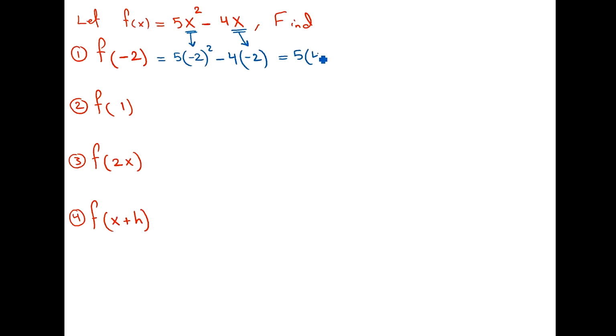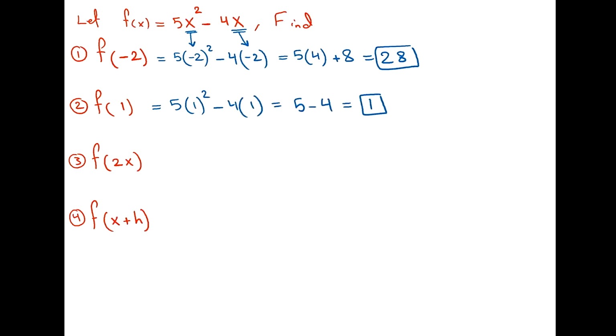So we have 20 plus 8, 28. This is the result, okay? The second, f(1): 5 times 1 squared, minus 4 times 1. So we have 5 minus 4 equal 1.